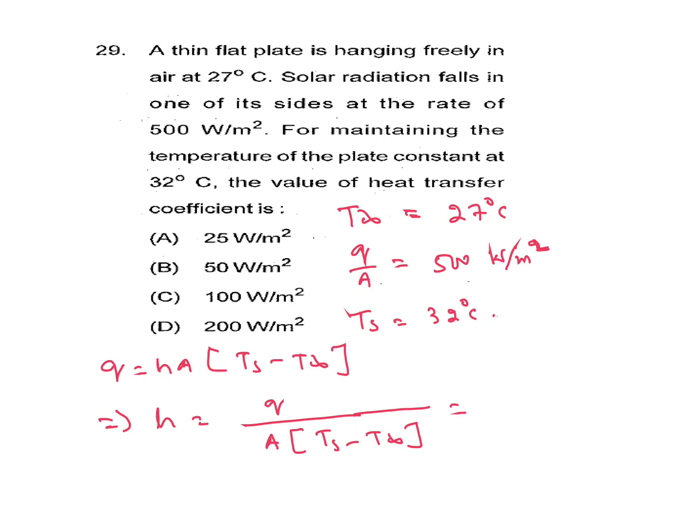Q by A given 500 and Ts minus T infinity is 32 minus 27, it's 5. 500 divided by 5, it's 100 watt per meter square. Unit also important, sometimes they are asking unit. So C is our answer.